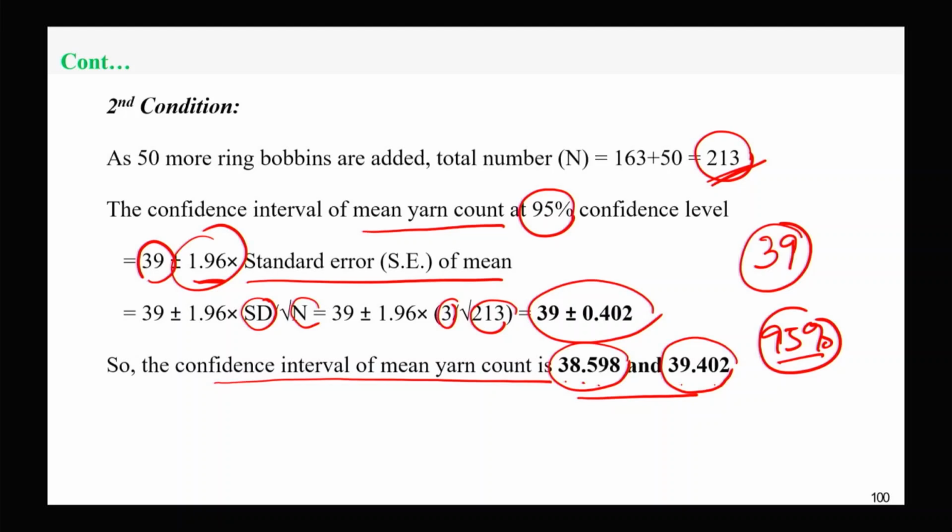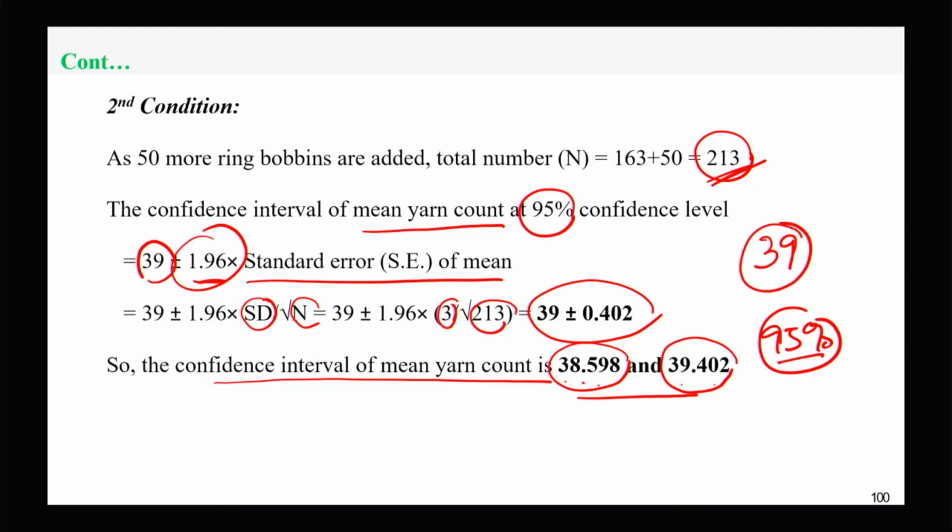Within that range we can tell with 95% confidence level. If we test the mean of the population, it will lie within this range, 95 times it will be correct, and 5 times it may be beyond this level.